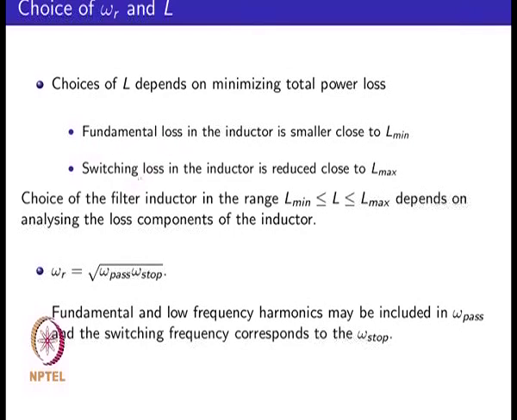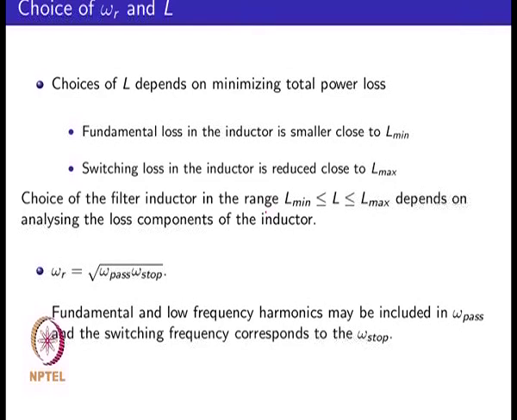If you look at the switching loss in the filter inductor, your switching ripple current tends to reduce as you increase your inductance. So the losses also would reduce as your ripple current through the filter reduces. So from your switching loss perspective, it is actually desirable to operate close to L max.